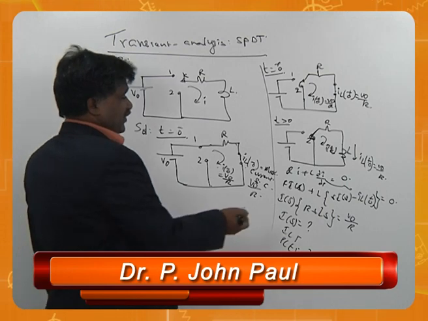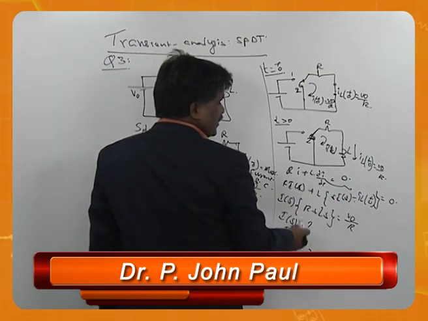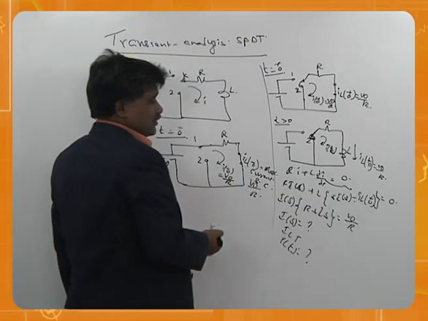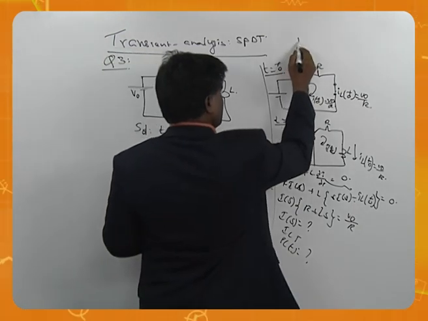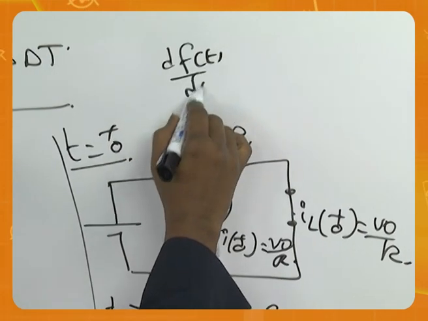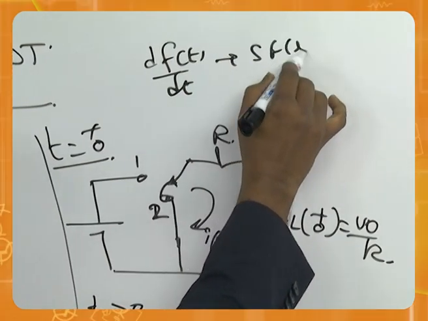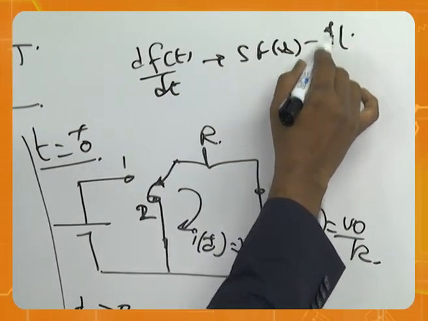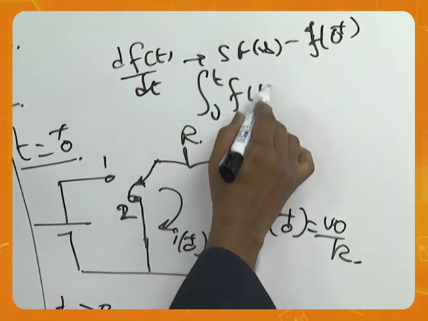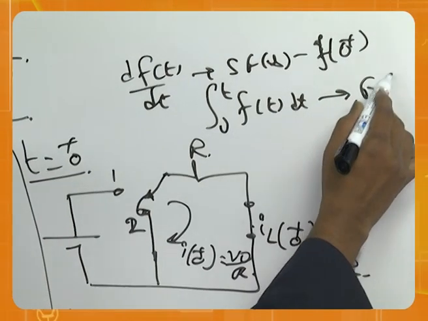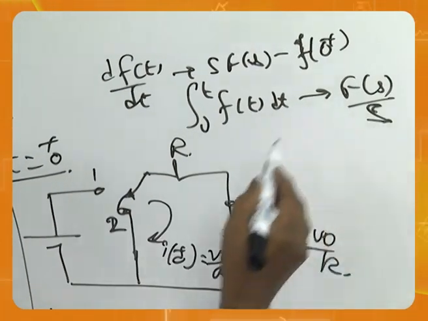If you are perfect in applying the differential equation and integral formulas for Laplace, you will understand. All that you need to remember is these two things: d f(t) by dt is s F(s) minus f(0+), and integral of f(t) dt is F(s) by s.